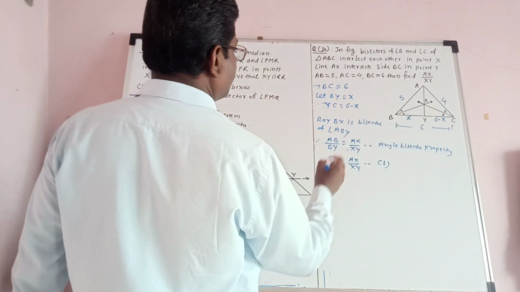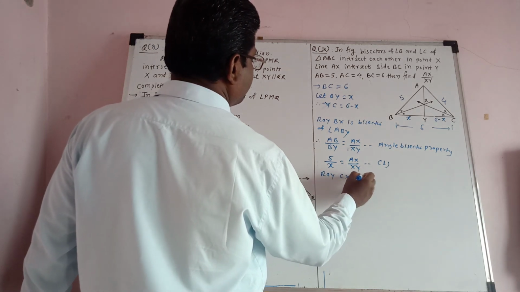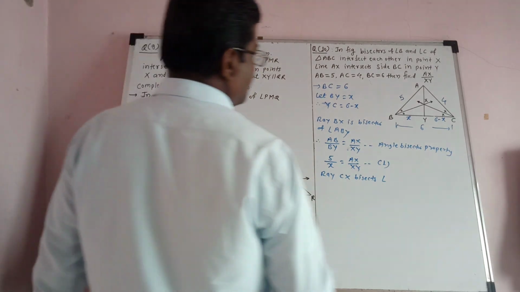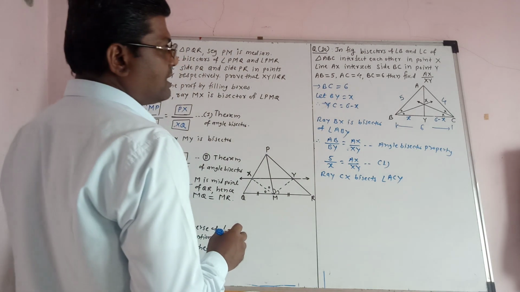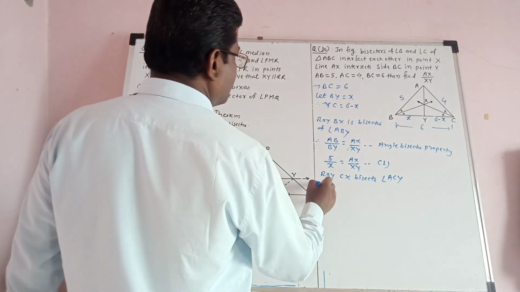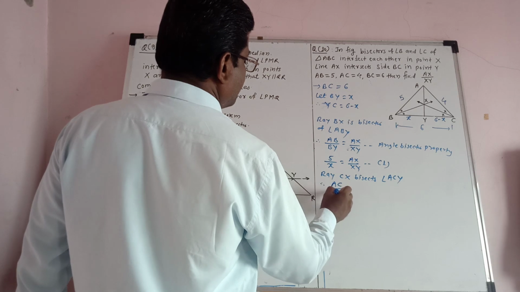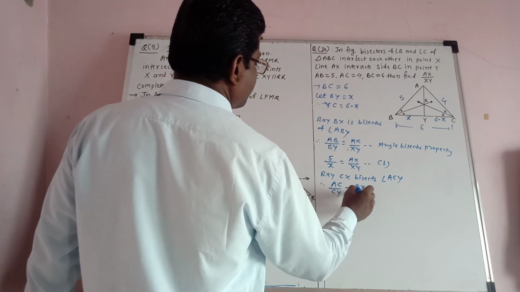Now ray CX bisects angle ACY. Therefore, here we also apply the property of angle bisector. AC upon CY is equal to AX upon XY.